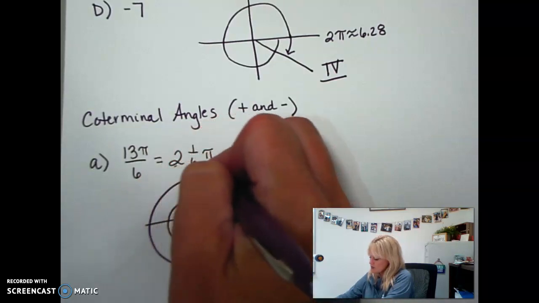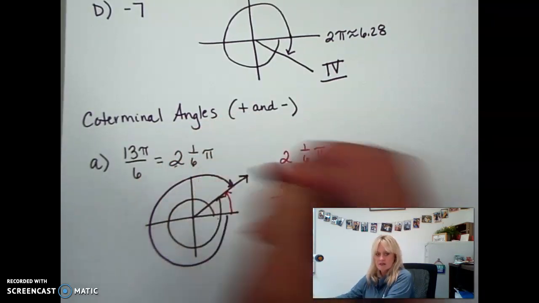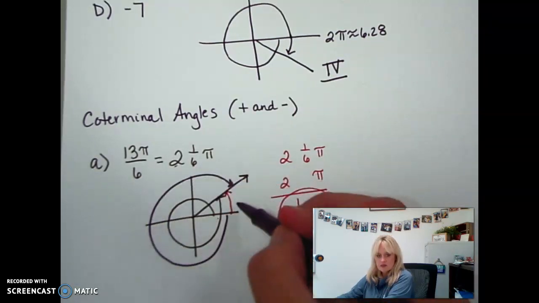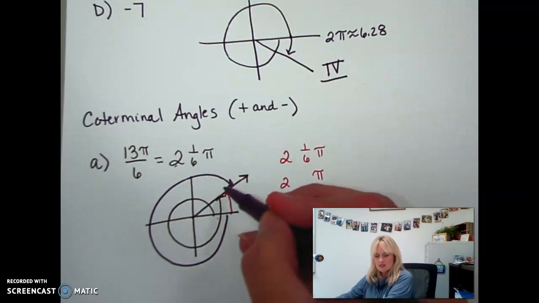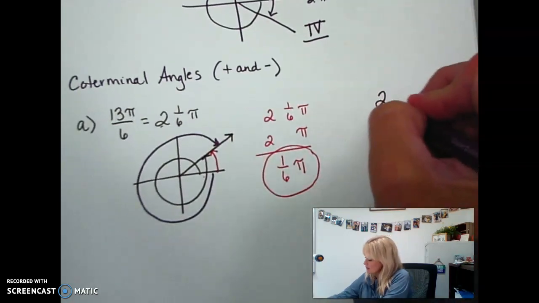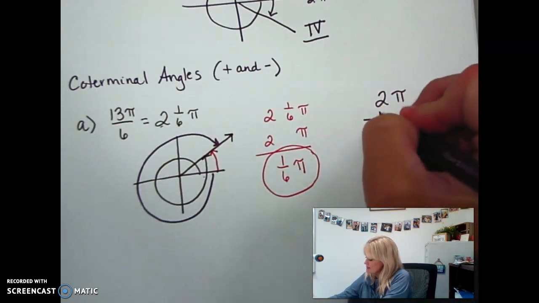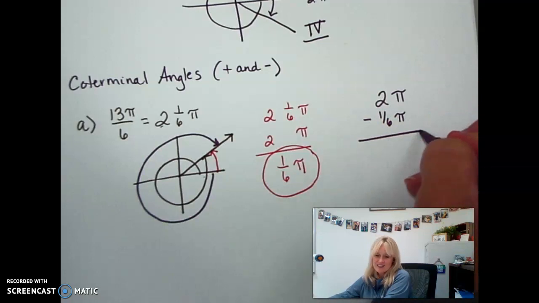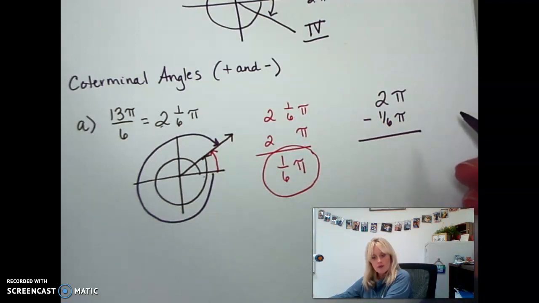Well, what happens when I go negatively? Well, it's almost 2 pi around, except I have to take out this little chunk right here. So what is 2 pi minus 1/6 of a pi? Well, this is where either you need to get your calculators out, or remember that you have to have common denominators before you can subtract fractions.